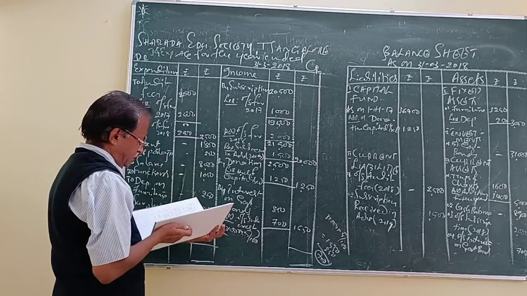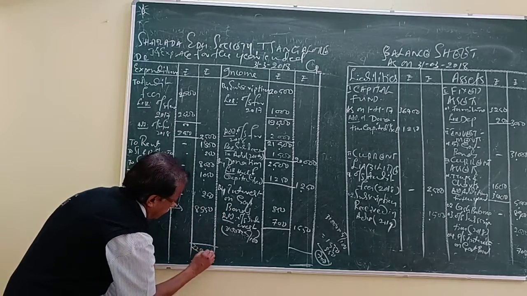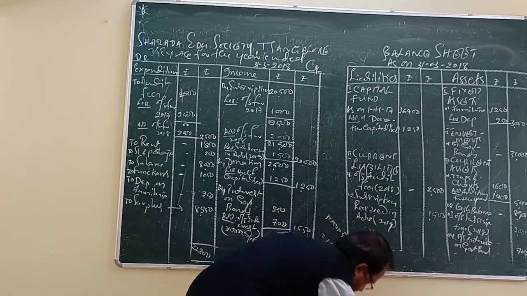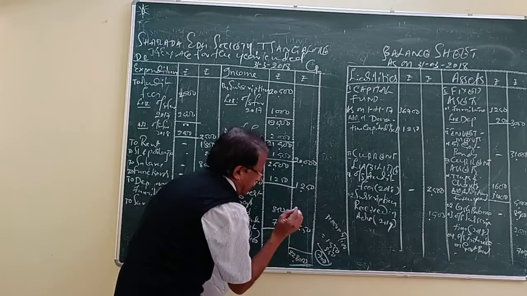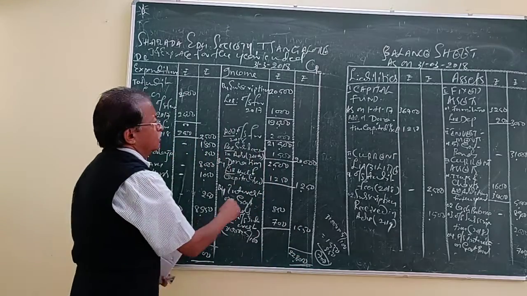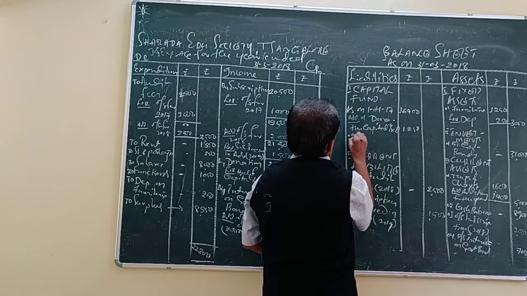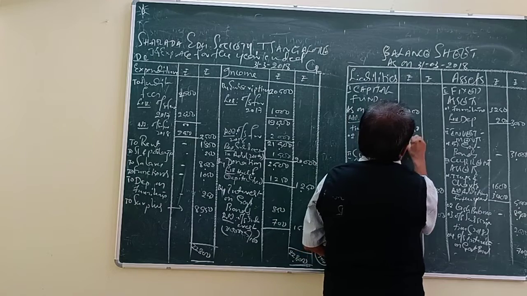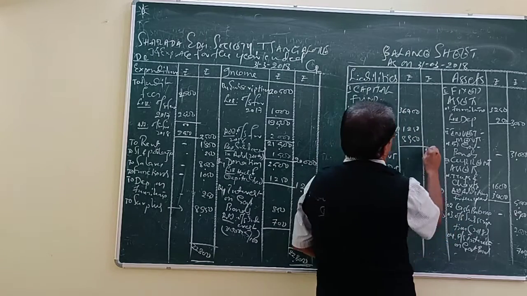Income and expenditure debit total is 22,800. This 8,950 should be shown in the balance sheet as addition to the capital fund. Surplus 8,950. The total is 46,600.